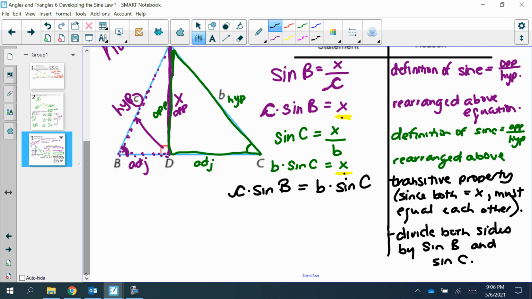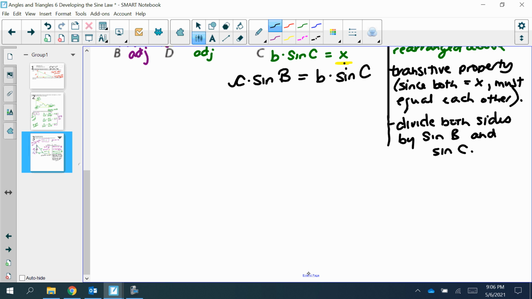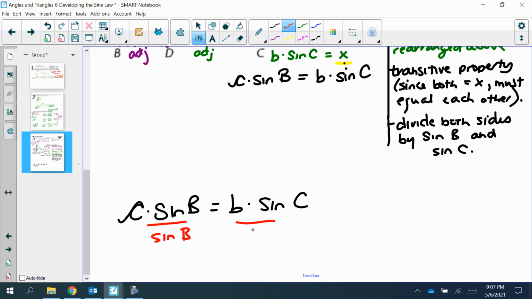So I'm going to scroll myself down a little bit and then I'll write it up here appropriately. So c times the sine of b equals b times the sine of c. So again, I'm going to divide both sides by the sine of b. I'm going to divide both sides by the sine of c.